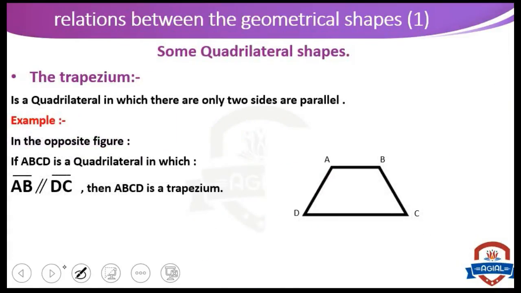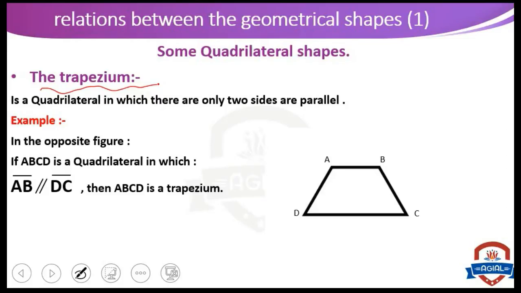Here we have a quadrilateral shape, but it does not belong to the parallelogram and its special cases. This shape is a trapezium. A trapezium is a quadrilateral in which there are only two sides that are parallel.